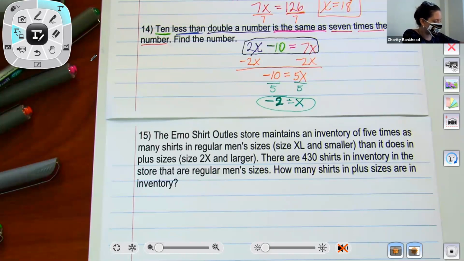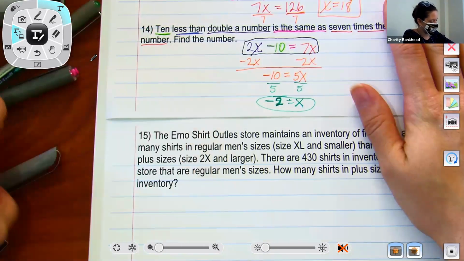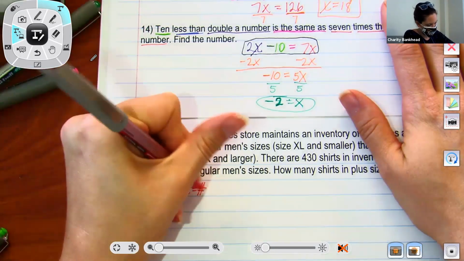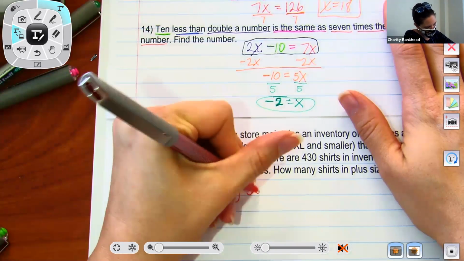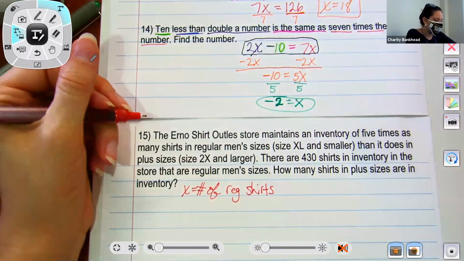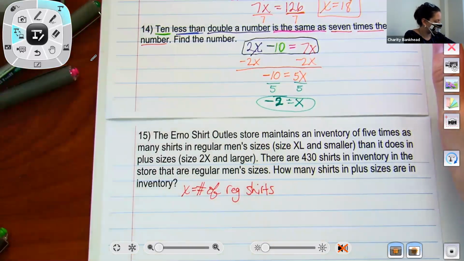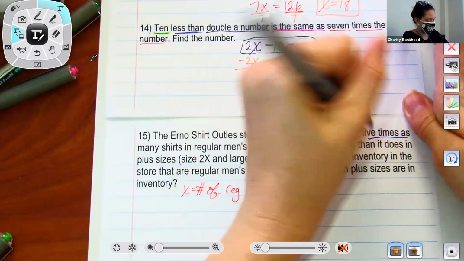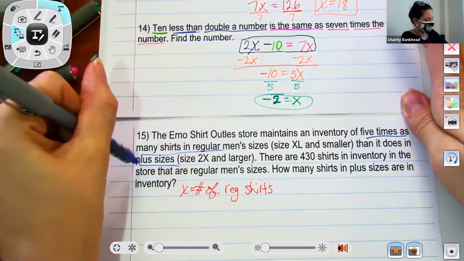Okay. So we could say that X equals the number of regular size shirts. And then it says that they have 5 times as many regular as they do the plus.